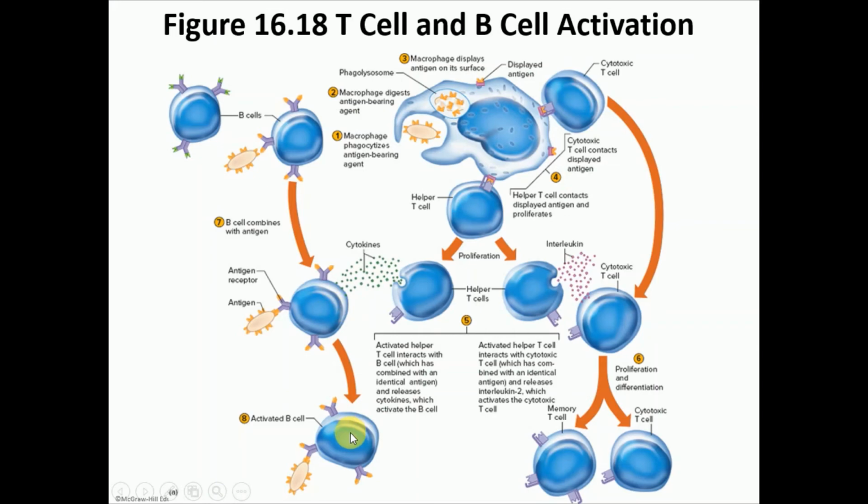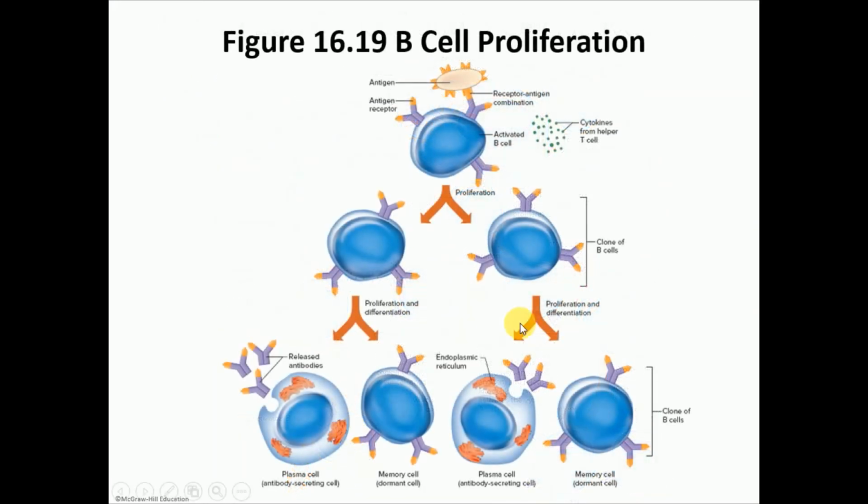Now that there's an activated B cell, this activated B cell is going to proliferate and make clones of these B cells. Some of those B cells are going to change into plasma cells. These plasma cells are your antibody factories, or antibody secreting cells.